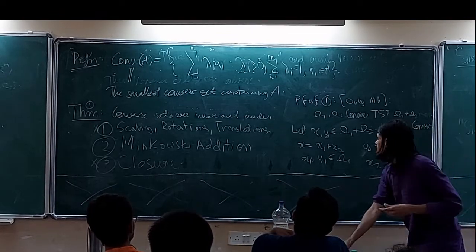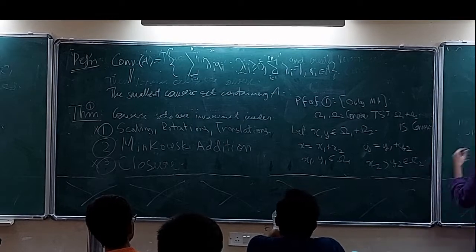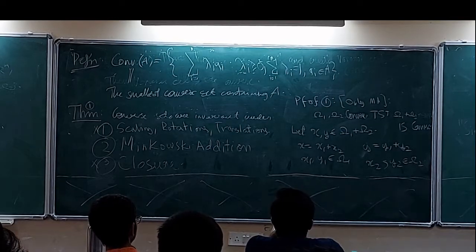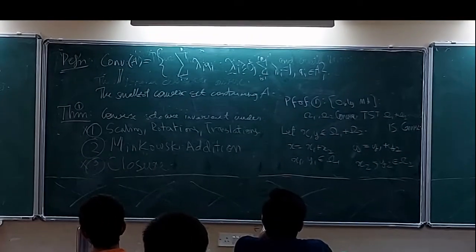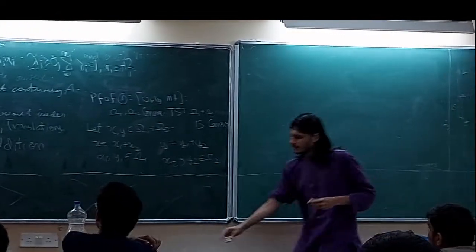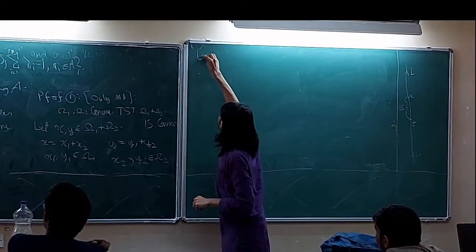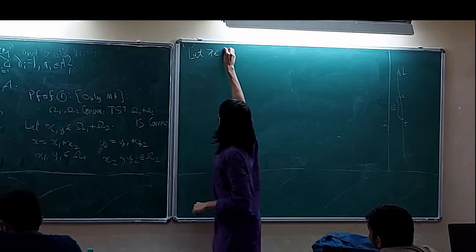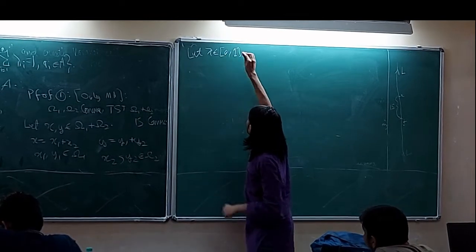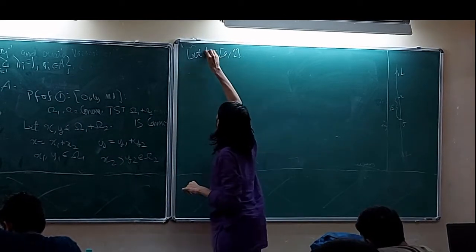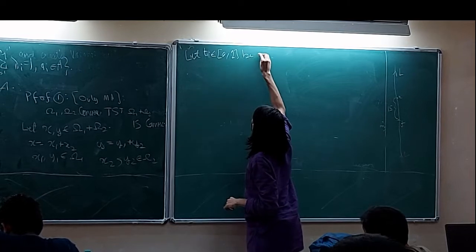Right? Now the question is, how do we proceed? It's pretty much a proof by definition, so let's just finish it. Now let lambda in 0, 1, oh wait, we are using t. Let t in 0, 1 be arbitrary.